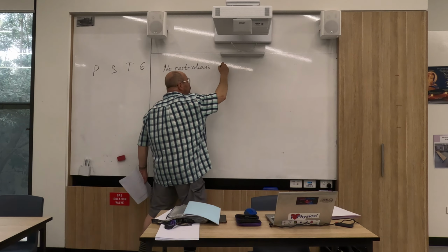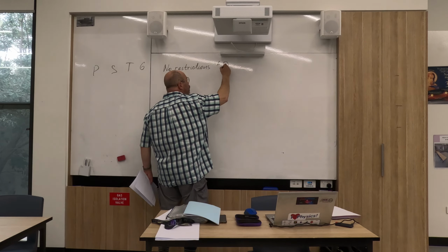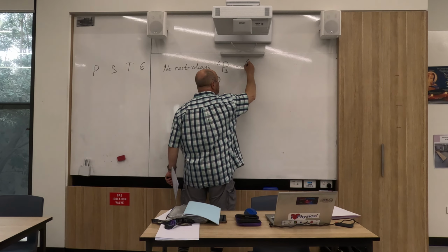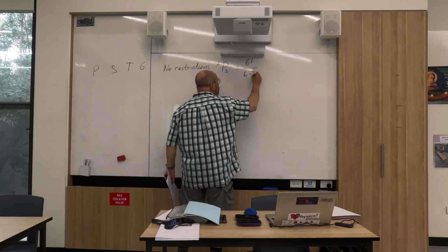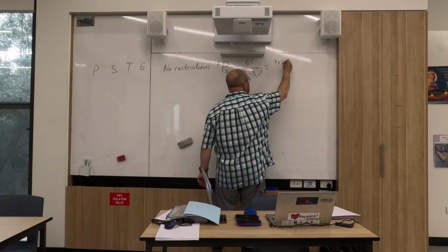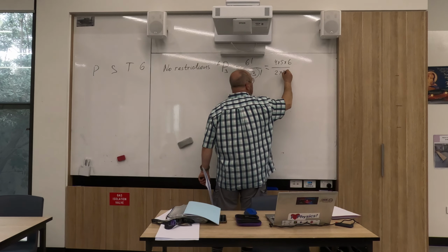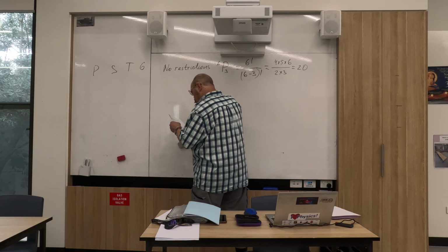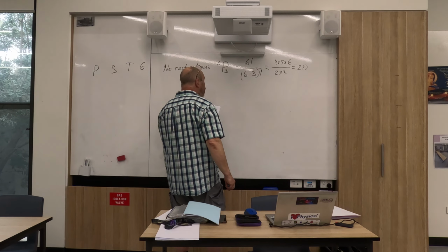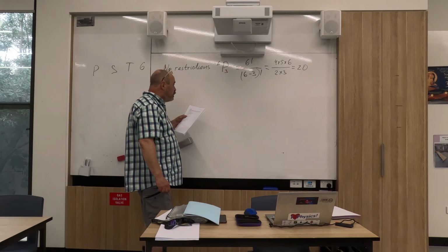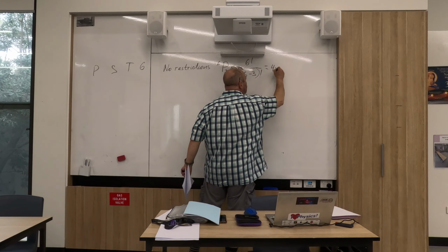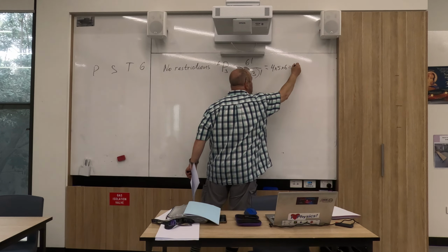That will be the permutation of 3 objects out of 6, which will be 6 factorial divided by 6 minus 3 factorial, so 4 times 5 times 6, which equals 120 ways.